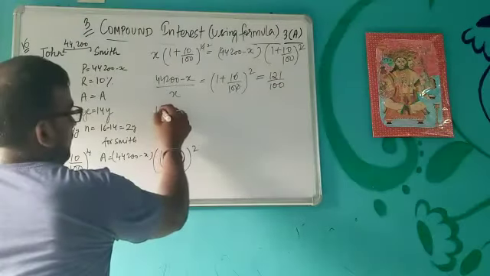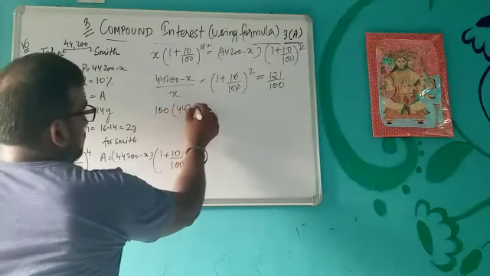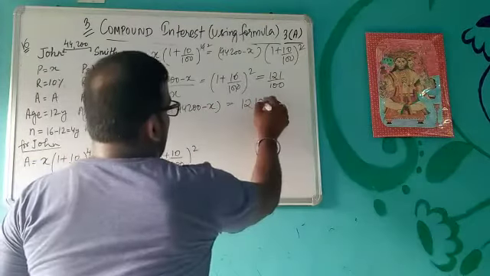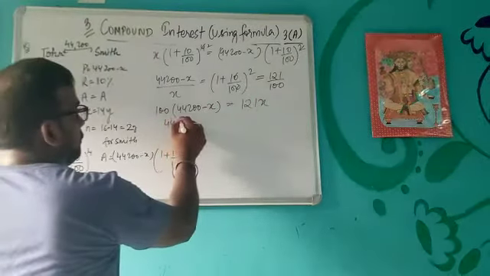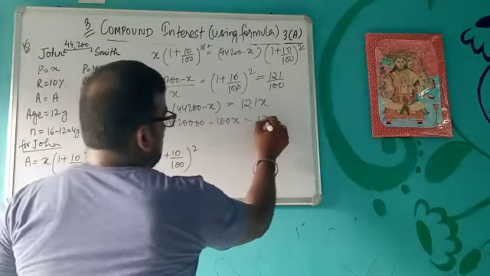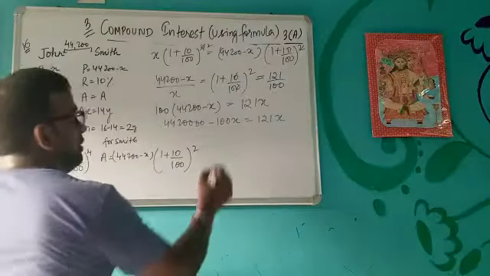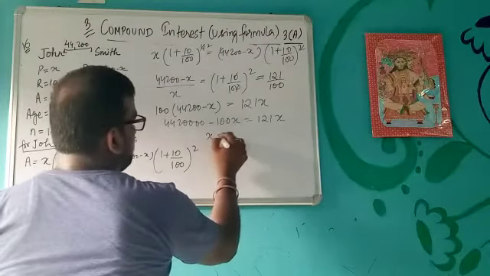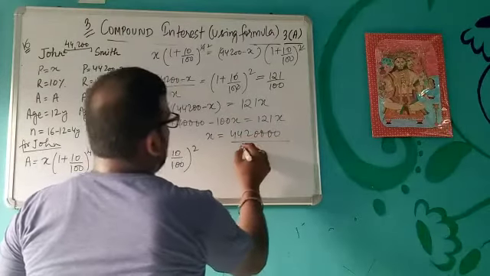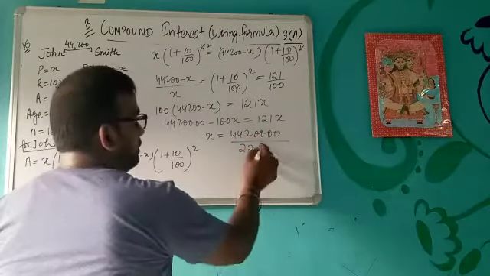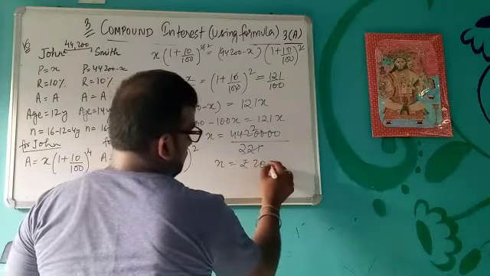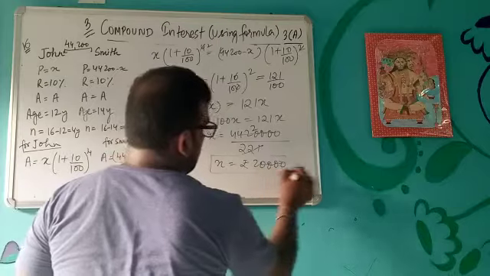Then after that we will do the cross multiplication. 121 x equals 4420000 minus 100x. Then x we will get 4420000 upon 221, so it is rupees 20,000.